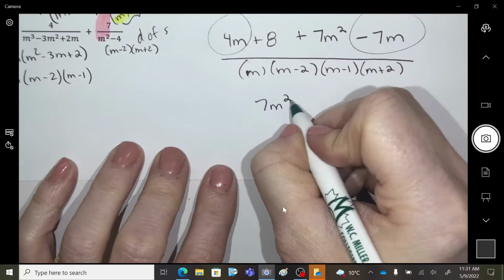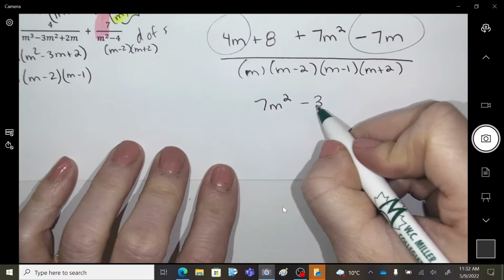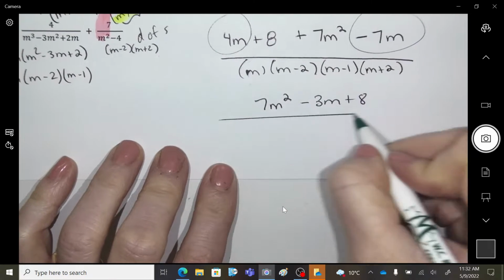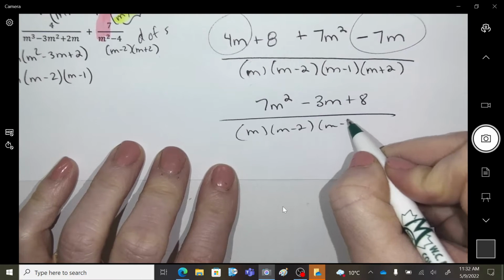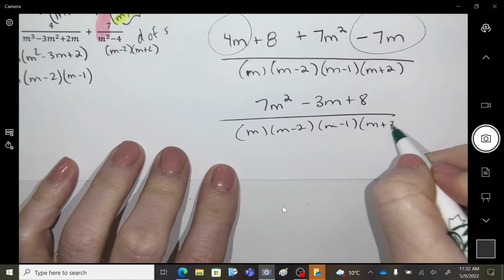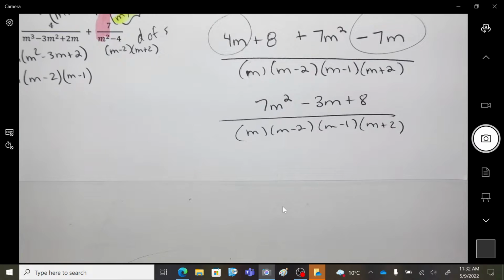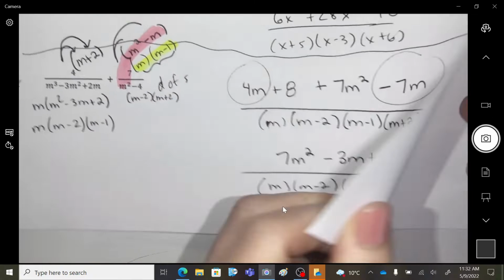So 7m squared minus 3m plus 8. Okay, complex.